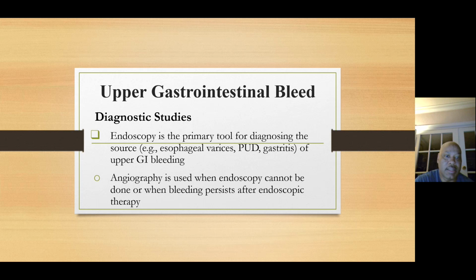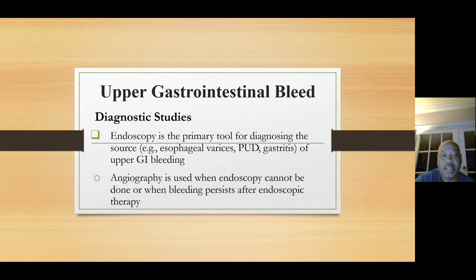Now, laboratory studies will include a CBC, BUN, serum electrolytes, your clotting studies such as your prothrombin time, partial thromboplastin time or PTT, liver enzymes, ABGs, and a type and crossmatch for possible blood transfusions, which might be warranted if the bleeding is significant.